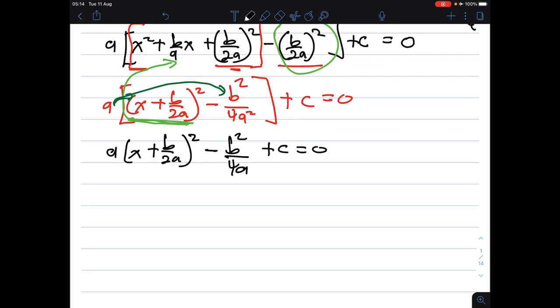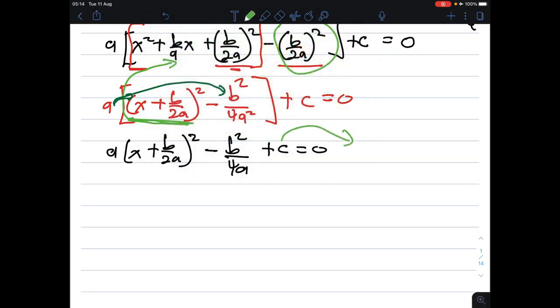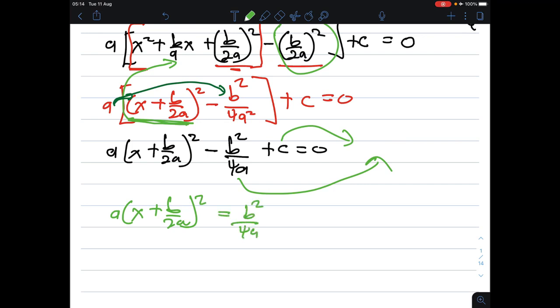Then what we can do is that we can move this one here, move that one there. Okay, so that will give us a times x plus b over 2a all squared equals, then we have b squared over 4a minus c.